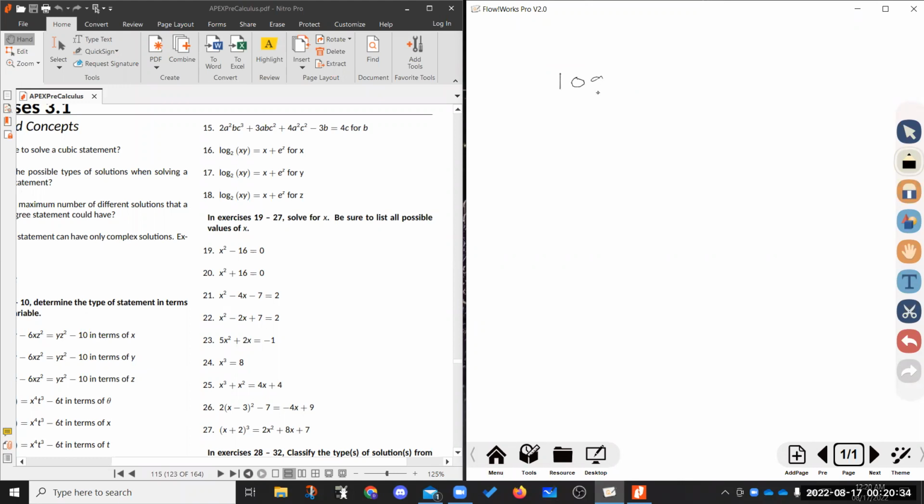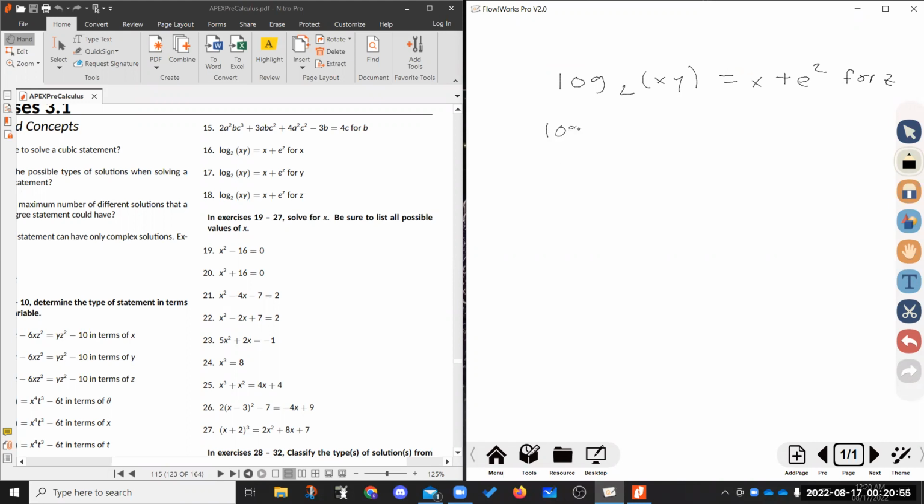Let's try log base 2 of xy plus x equals x plus e to the z, solve for z. So that one I can do.